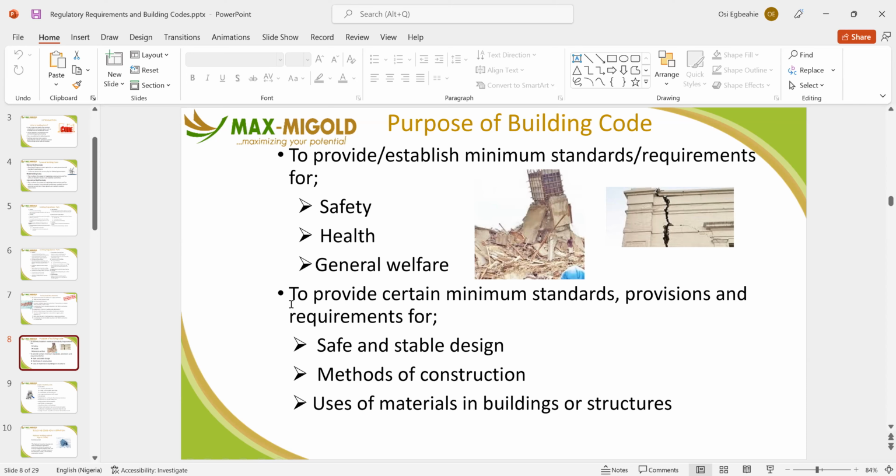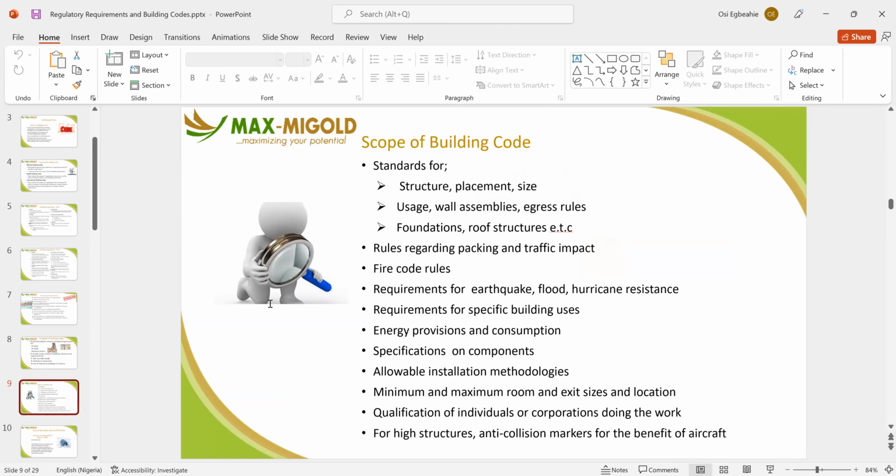Also, to provide certain minimum standards and provisions and requirements for safety and stability, structural design, method of construction, and use of materials in buildings or structures. Scope of building code. The standards for structures, placement, and sizes.